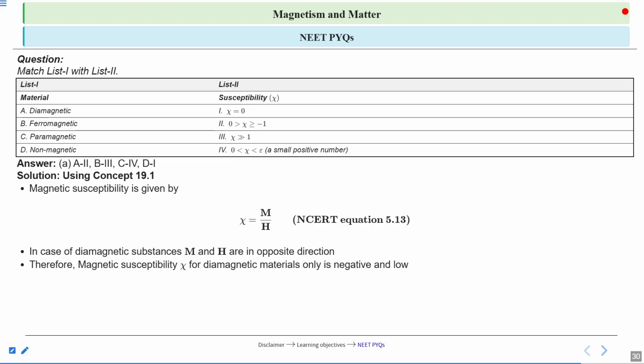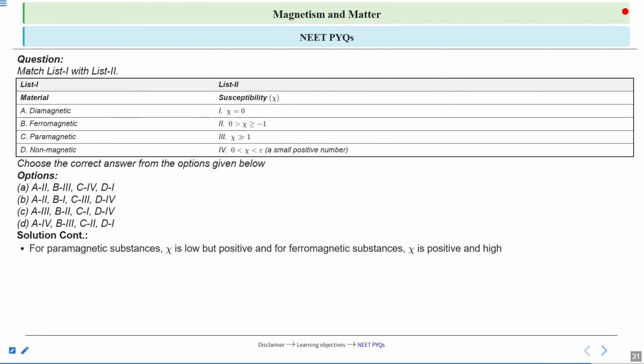Okay, so magnetic susceptibility chi for diamagnetic materials only is negative and low. For paramagnetic substances chi is low but positive, and for ferromagnetic substances chi is positive and high.